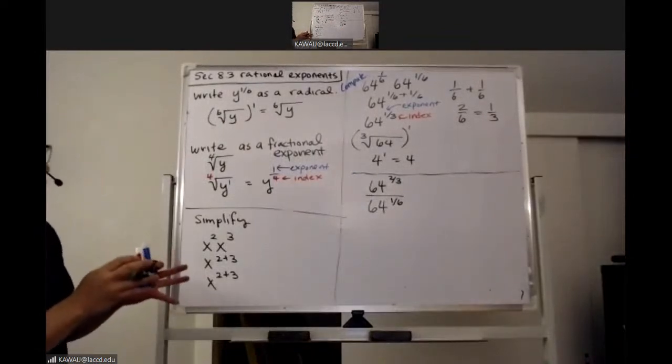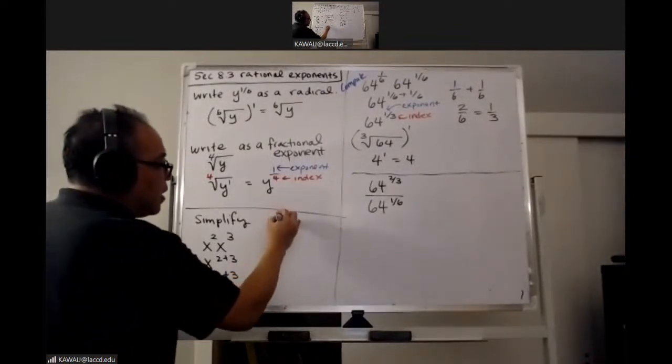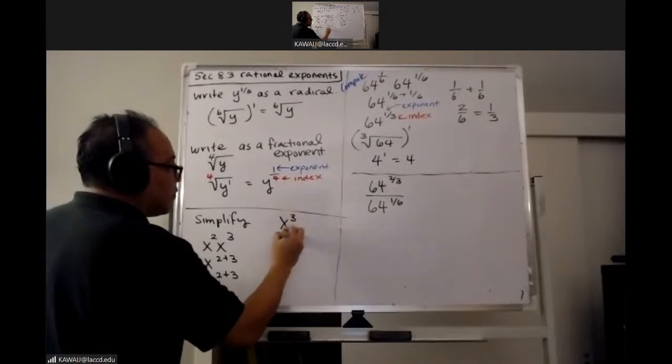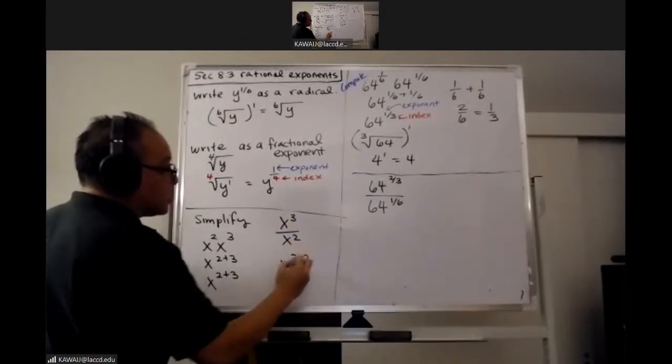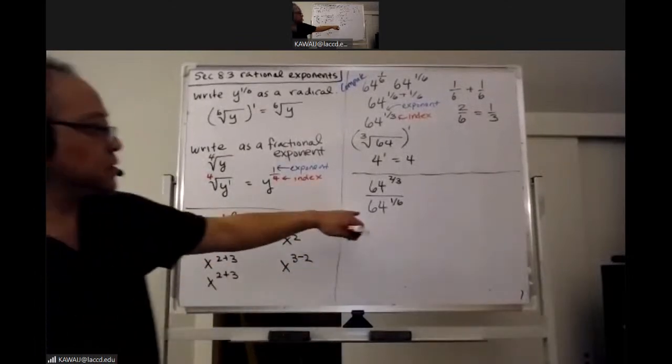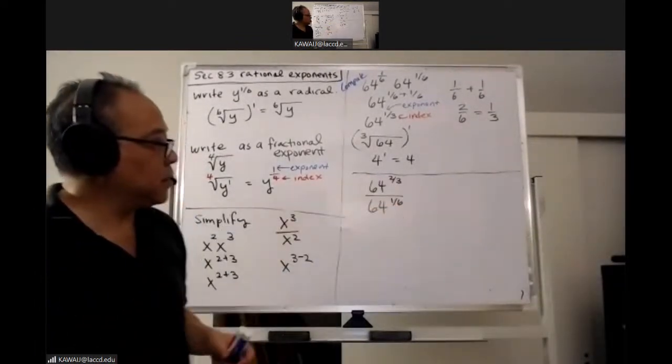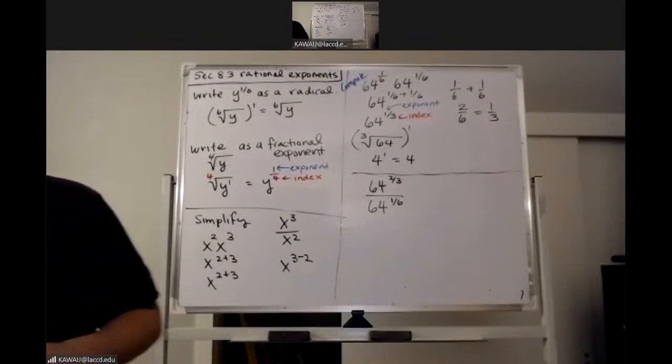So when we have something that is x cubed over x squared, that turns into 3 minus 2. So you're doing a subtraction. You're doing this minus this. So go ahead and see if you can do it.